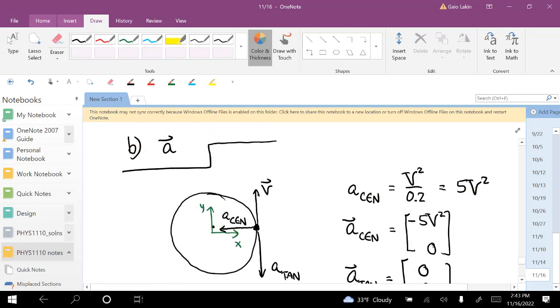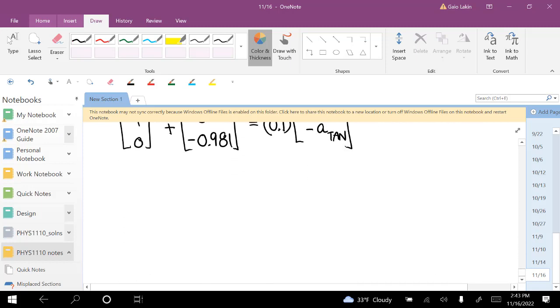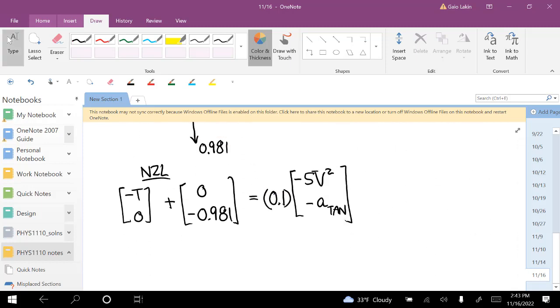Okay, so for part A now, the first thing is we know that that T value is 80 newtons, and we want to calculate how fast the ball is moving. We can get that from the x equation. It says negative T plus 0 is equal to 0.1 times negative 5v squared, so negative 0.5 v squared.